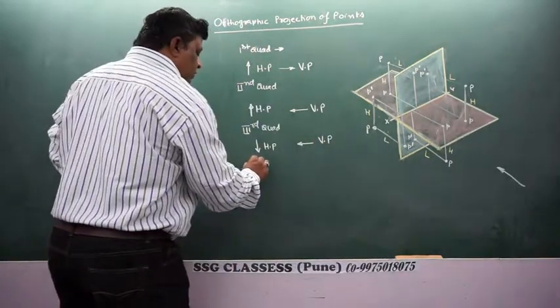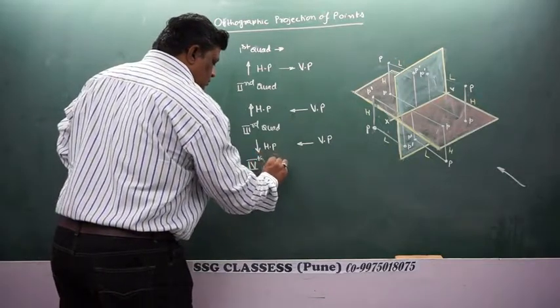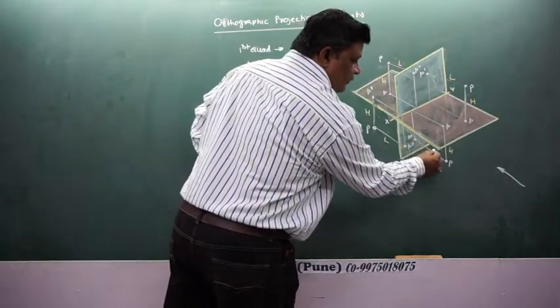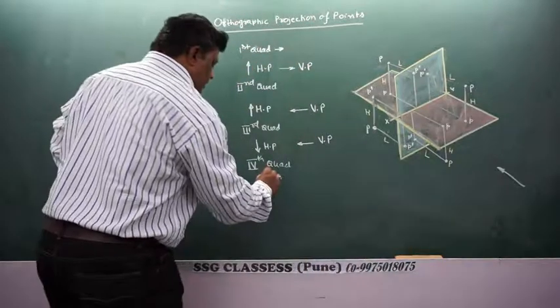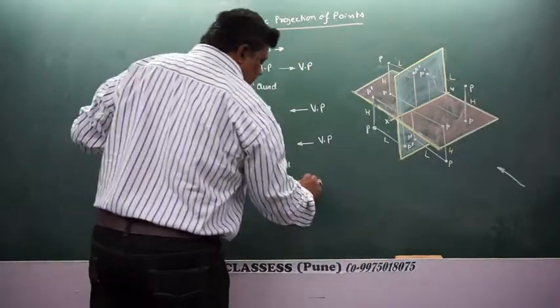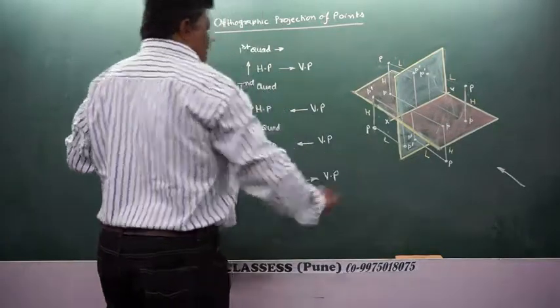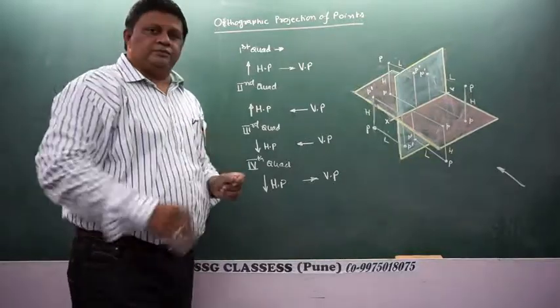And what about the fourth quadrant? It is in front of VP and below HP. So it is below HP and in front of VP. Is it clear? Okay, please take it down.